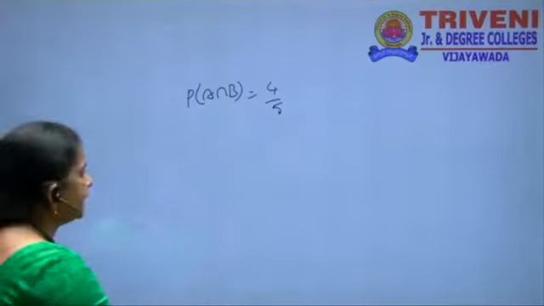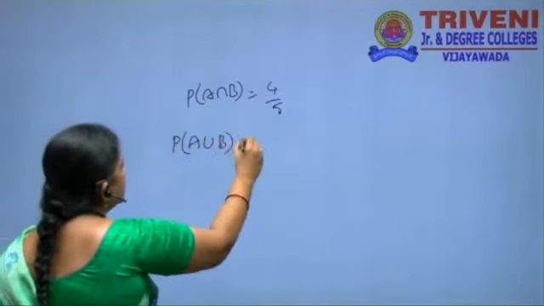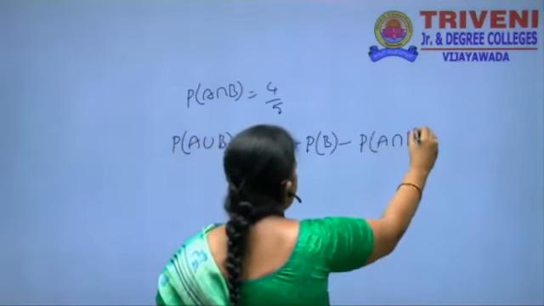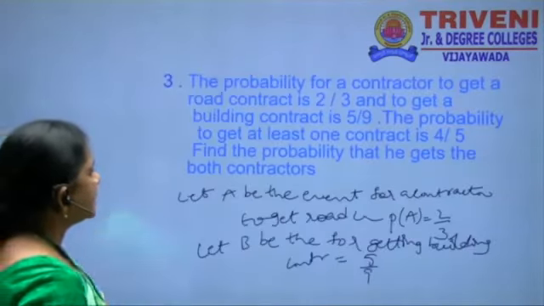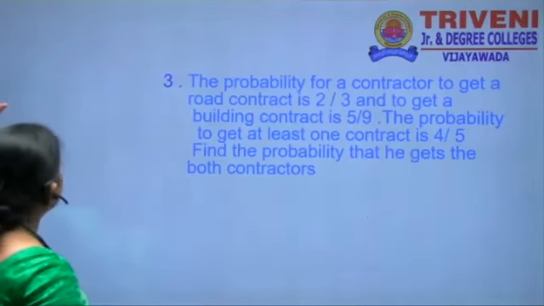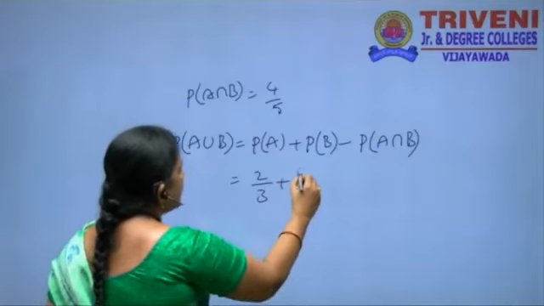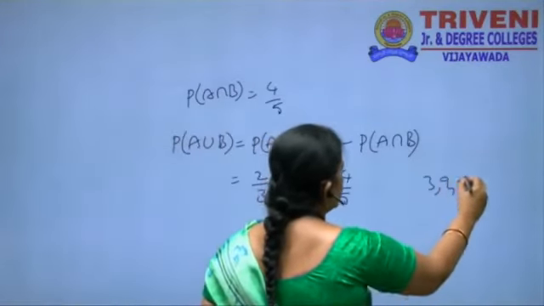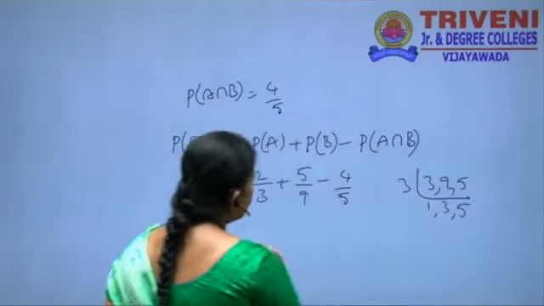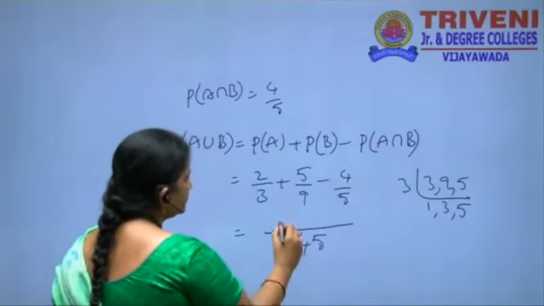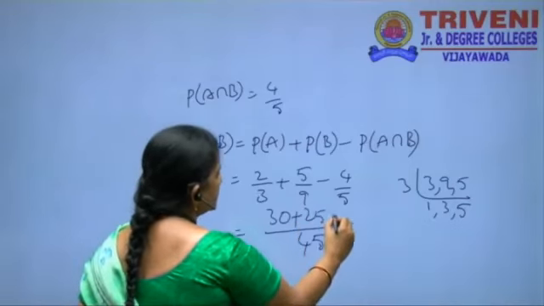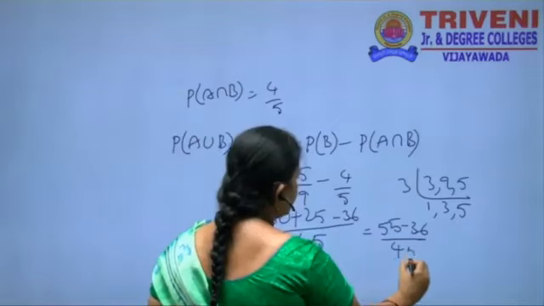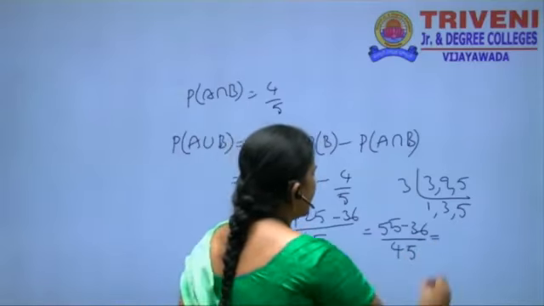By using the addition theorem on probability, P(A ∪ B) = P(A) + P(B) − P(A ∩ B). Substituting, 2/3 + 5/9 − 4/5. Taking the LCM of 3, 9, 5, which is 45: (30 + 25 − 36)/45, which is 19/45.